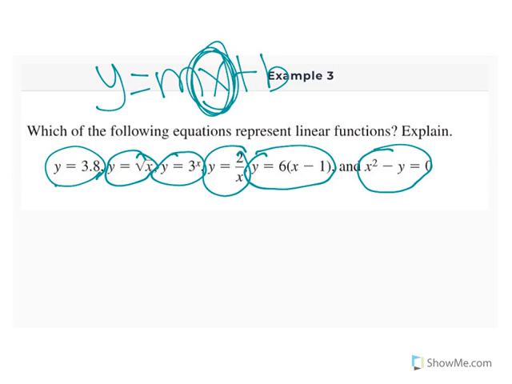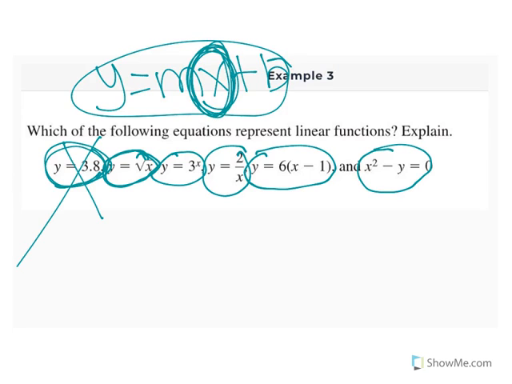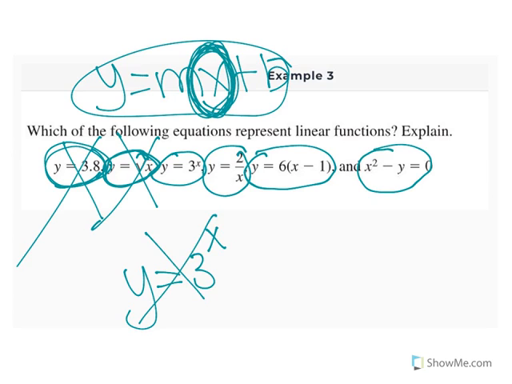So for example, here we don't even have an x, okay? So that's not linear. Here we have the square root of x. Well, there's no square root in this thing, is there? Nope, so that's not. This one, let me write that bigger, says y equals 3 to the x power. Well, that's just weird. We haven't seen anything like that yet, have we? And it's not this x being multiplied, so that is not.